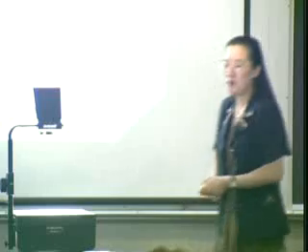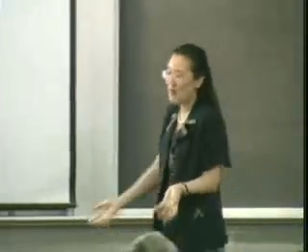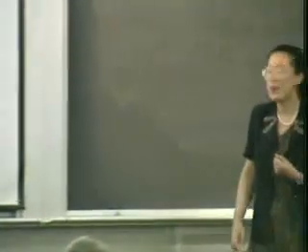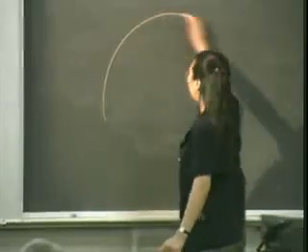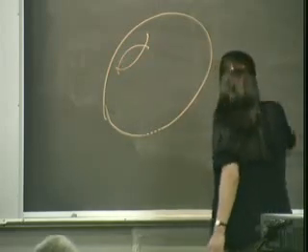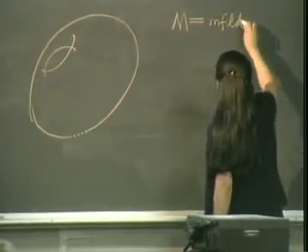So what is calibrated geometry? After Professor Lawson's talk, you are already experts, right? Because the idea in calibrated geometry is very simple. You take a manifold, say this is M, an n-dimensional manifold.